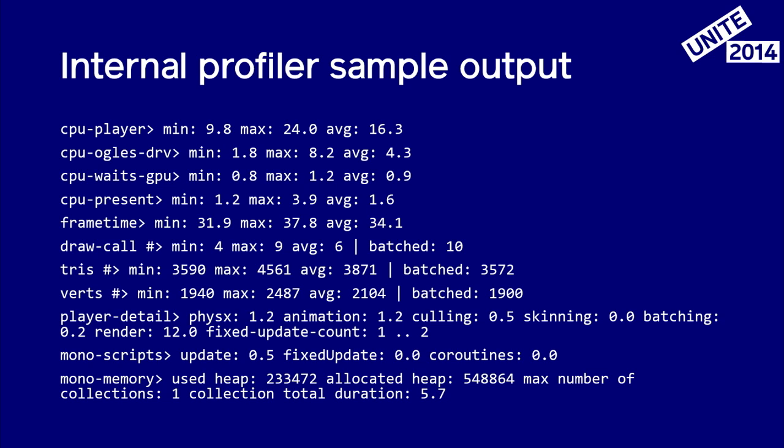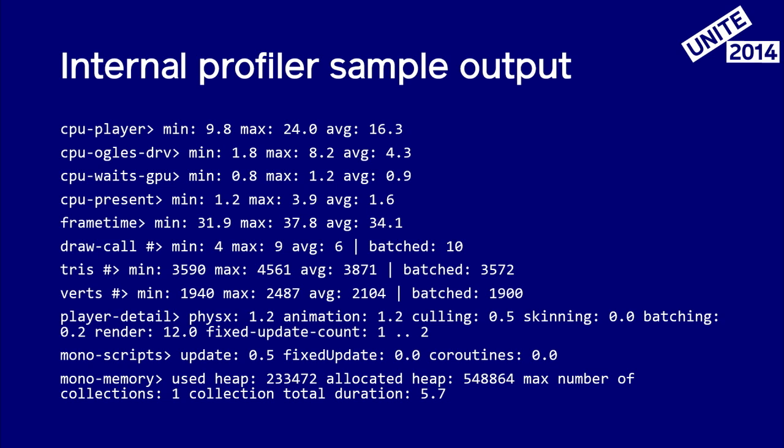CPU present shows you just one present render buffer function. How long does it take in OpenGL ES? You probably don't really need that. Frame time. Probably the most important statistic you're always interested in is your frame time. It just shows you how long that frame took.